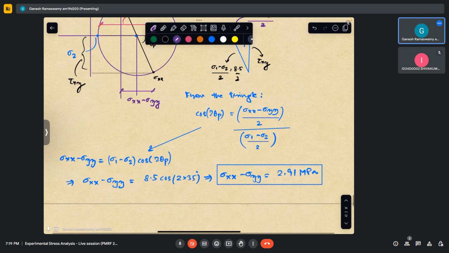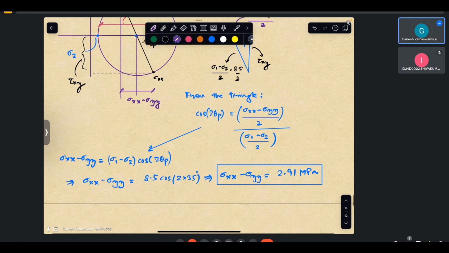So we got this value to be 8.5 by 2 sine of 2 into 35, which is 70. So we get tau xy as 8.5 by 2 into sine 70. So this comes around 4 MPa.